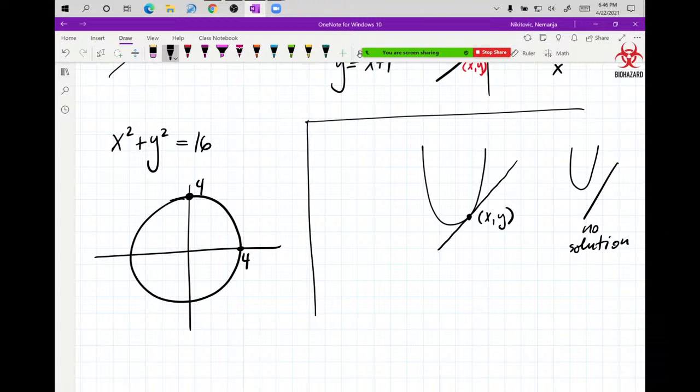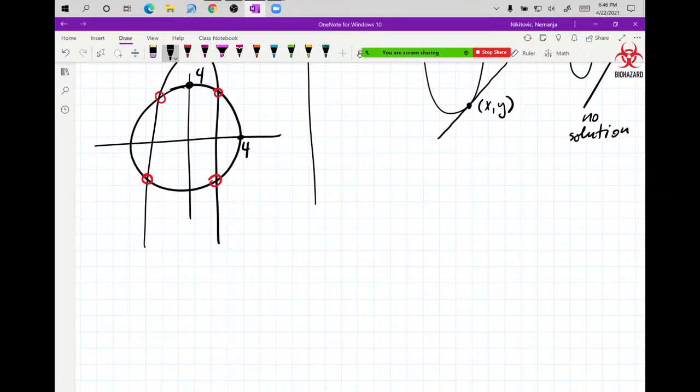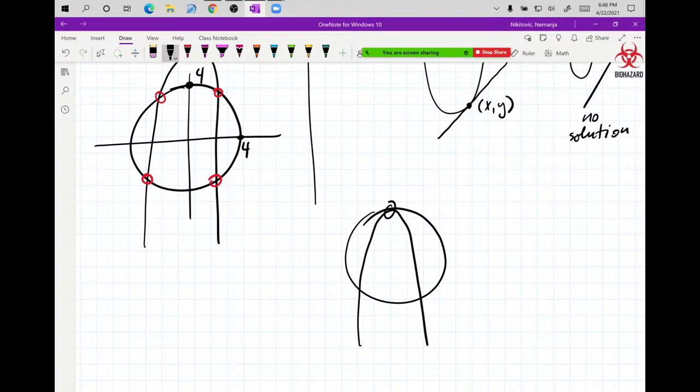You could have a parabola, let's say open downwards, create 4 solutions with a circle. You can have that parabola intersect the circle and create 3 solutions.